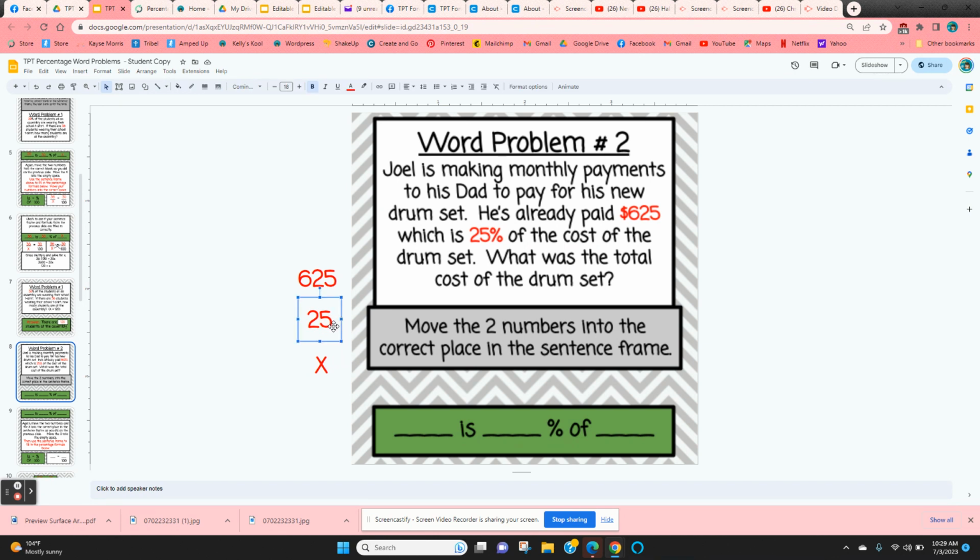If we do the percentage first, which is the easiest, 25%, let's put that right in the middle. Now, is 625 the total cost or is it part of the cost? Well, we want to know the total cost. That's the unknown. We don't know the total. We know that he's paid part of it, which is $625.